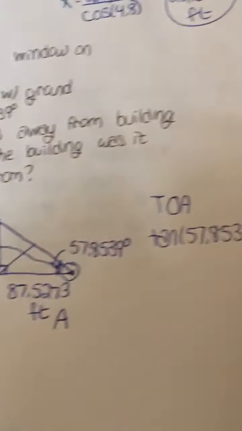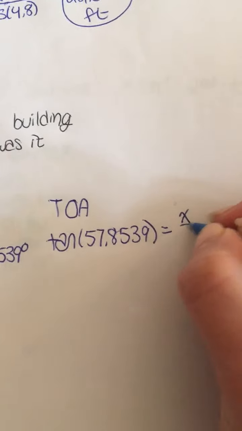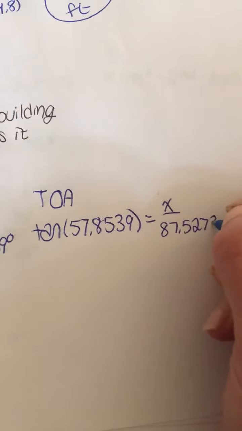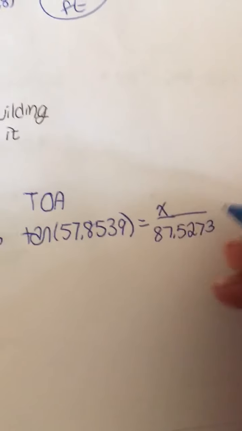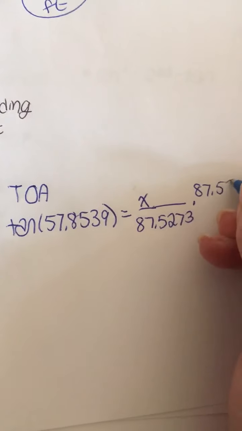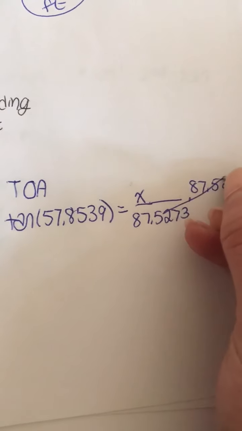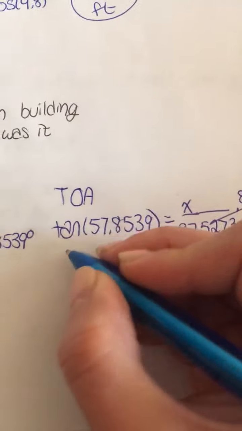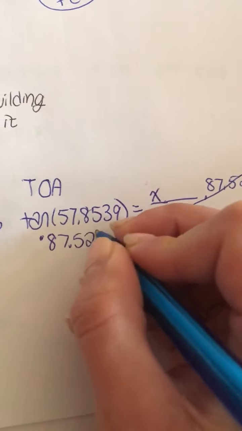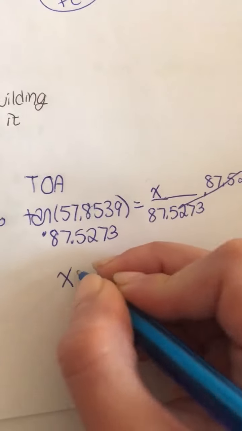So X over this 87, what was it? 87.5273. Again, you're multiplying by the denominator over here. Cross it off. And then here I'm just running out of room, but it's times 87.5273. You can put it into your calculator.